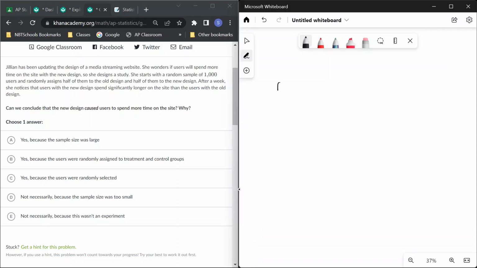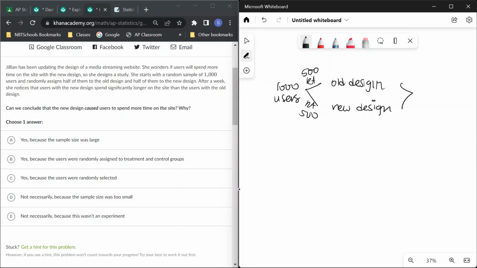So we have 1,000 users, and she randomly assigns half of them, 500, to the old design, and the rest to the new design. After a week, she notices users with the new design spend a fairly longer time.